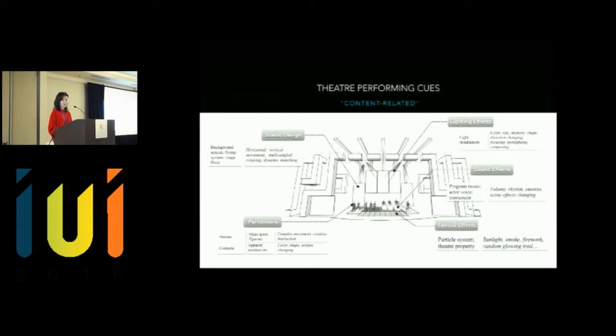We are not creating cues by categories, but by degrees. We divided each performance into different paces, and in each pace, we create pairs of single and multiple performing cues. Usually the multiple performing cues have more impressive effects than the single performing cues.